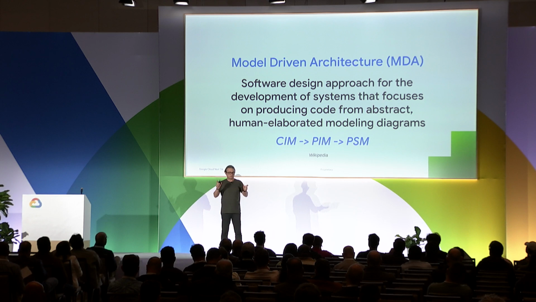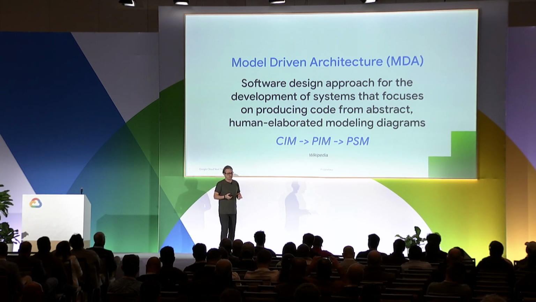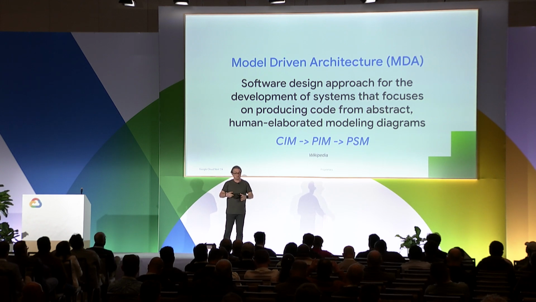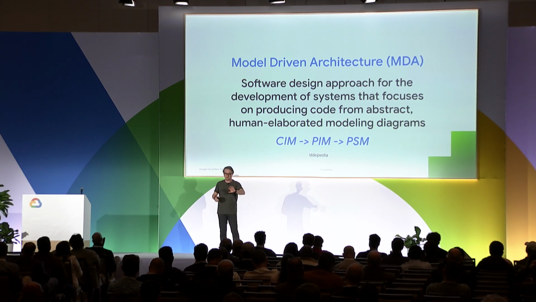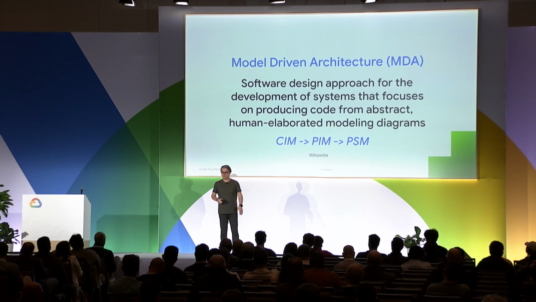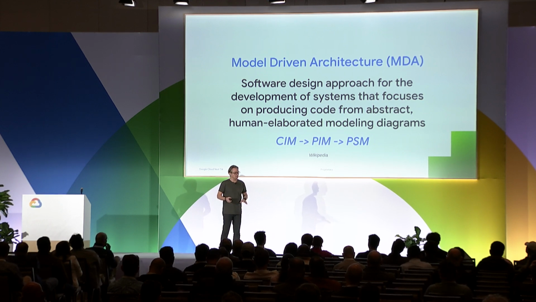It contains 3 phases in the process. First, the CIM, the computation-independent model. It's a way of modeling systems by only focusing on functionality, thinking of it in terms of rules and logic, leaving out everything which is implementation, technology and platform related.